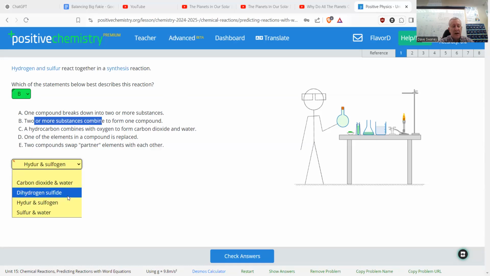Okay. And what would you make? Take H and S, put them together. H likes to be +1. Sulfur likes to be -2. So you're going to need two of these. It's going to be like this: two H's and one S. So that's dihydrogen sulfide.